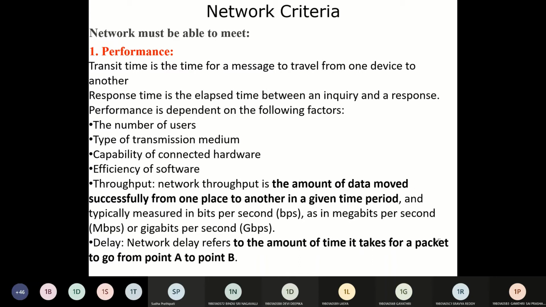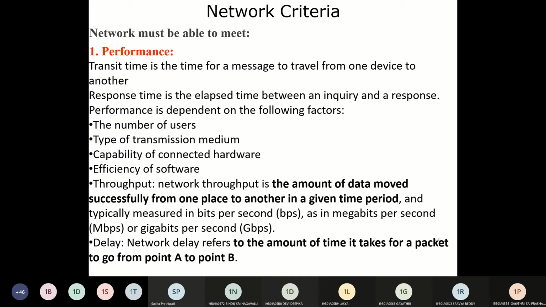Other than these two basic measures, we do have some other factors to measure the performance. The other factors are the number of users and the type of transmission medium. Yesterday when I was discussing the transmission mediums, I said fiber optics is one of the fastest mediums.